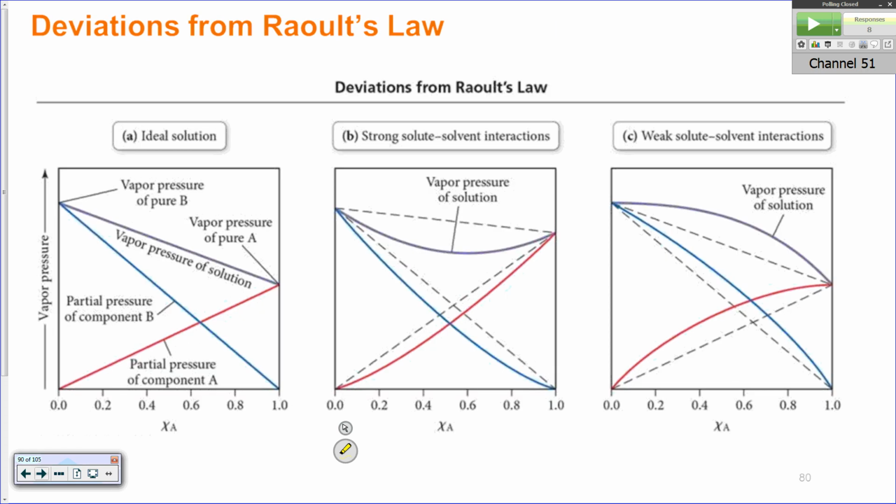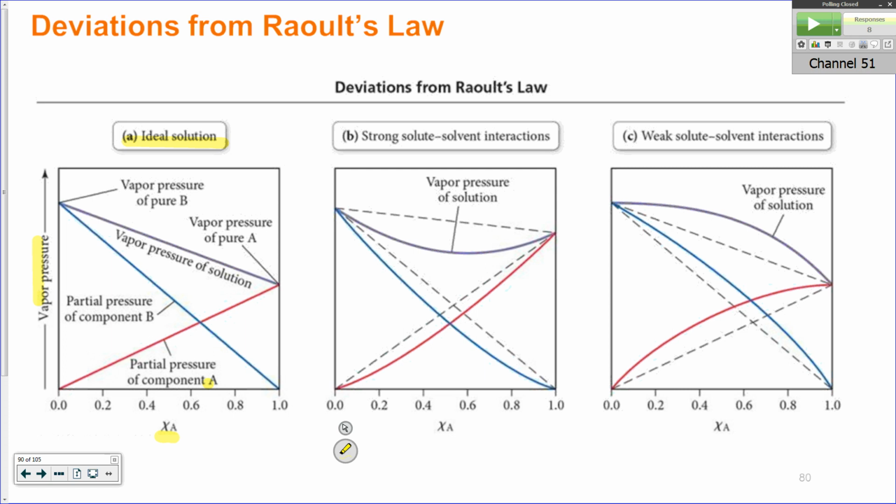So this graph kind of demonstrates that process occurring. On the left-hand side is an ideal solution. So what you have is the mole fraction for the different components and the vapor pressure plotted on this side. So if we look at substance A, the mole fraction for A, looking at my curve, is shown with the red line.